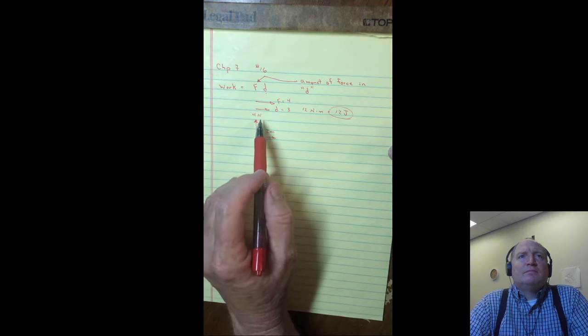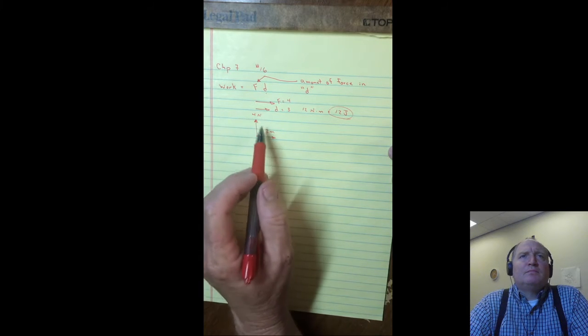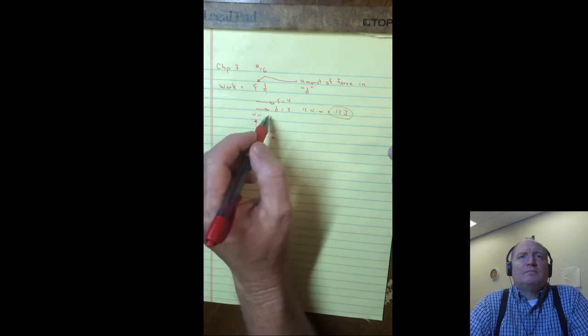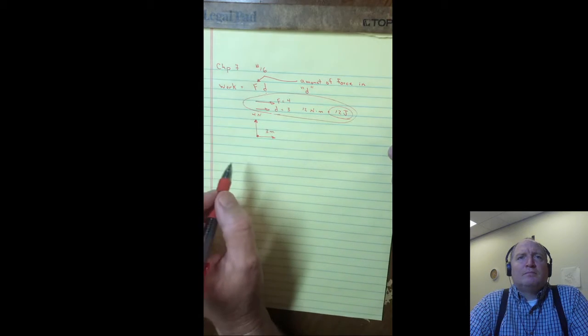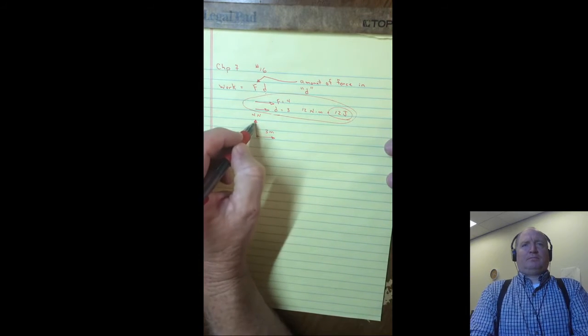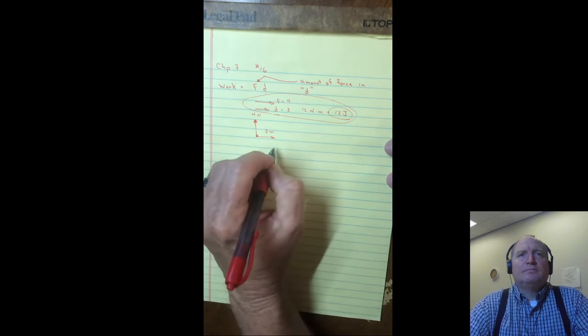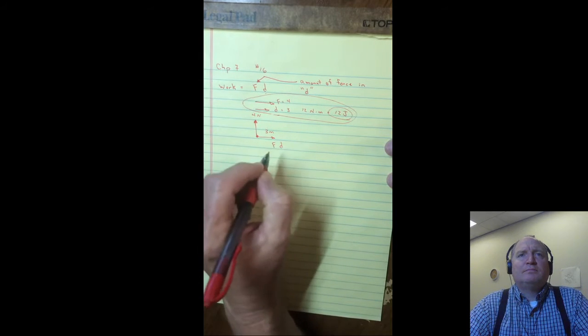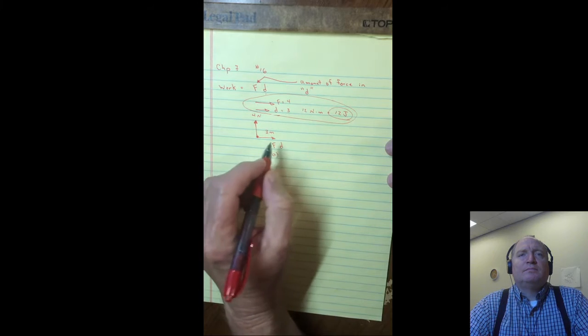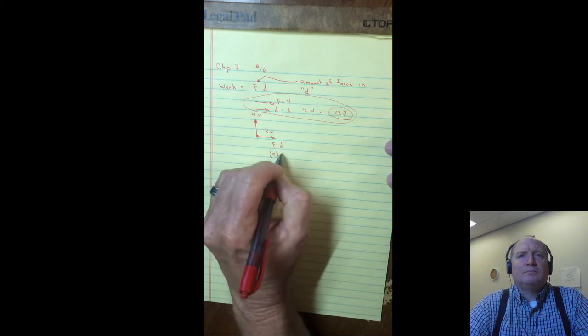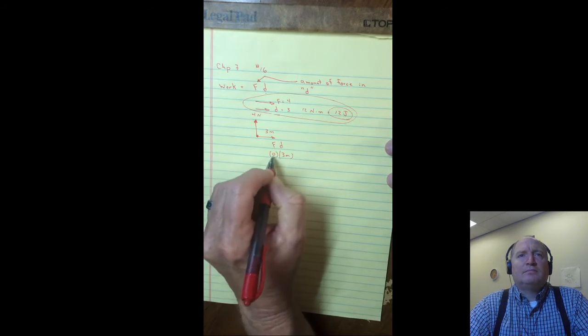So it wouldn't be the full 4. You wouldn't just go 4 times 3 like we did back here. In this case, if the force is purely up, then none of it is horizontal. So when you say force times distance, you would have to put a 0 force, because that's the amount of force that's in the direction of the 3 meters.